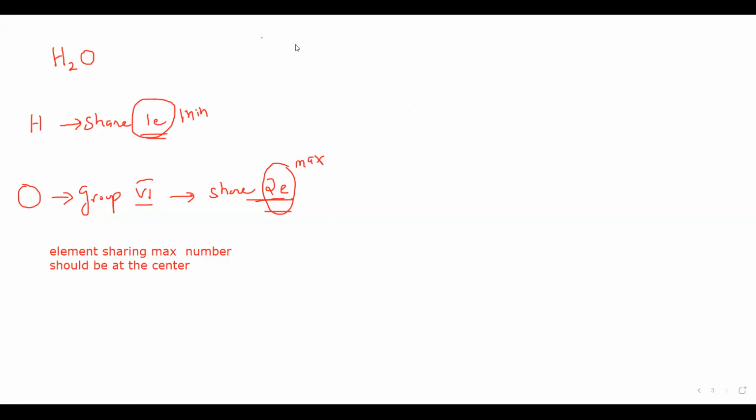So first we draw the structure of water. Oxygen will be at the center, surrounded by 2 hydrogen. Is it clear till now, the first part? Then we start the sharing.